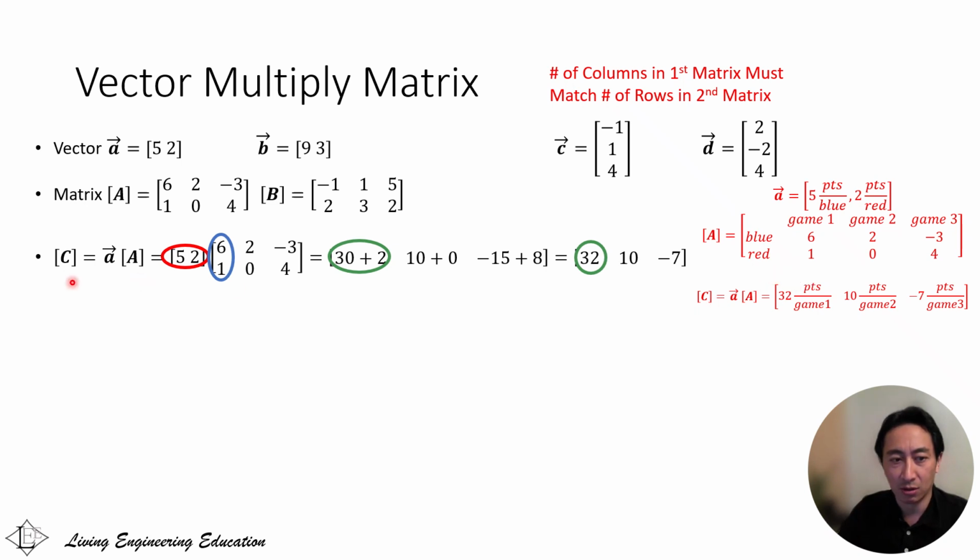So the matrix or vector C, that's the product of the vector A multiplied by matrix A, is the total number of points that you gained in each of the individual games. So from game 1, the points in game 2, and points in game 3.